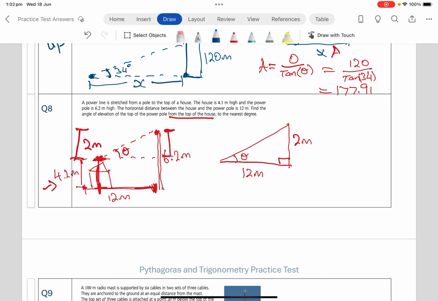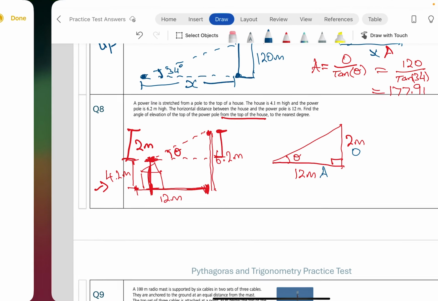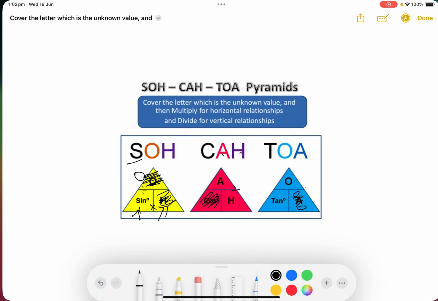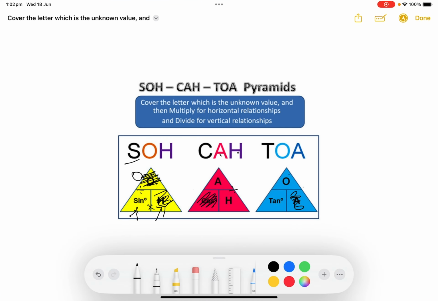Then I've got to find an angle, so I'm using trigonometry. Opposite, adjacent, if we label our triangle. I'm trying to find the angle. So if I'm looking at tan, trying to find the angle, I will cover my angle, and I have opposite divided by adjacent.